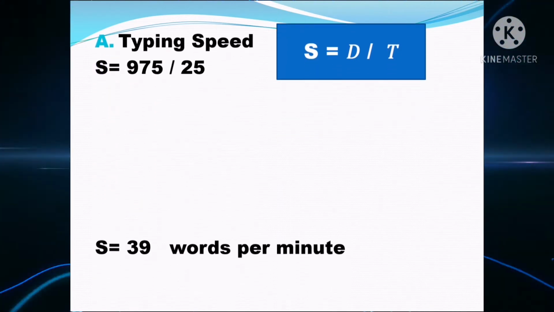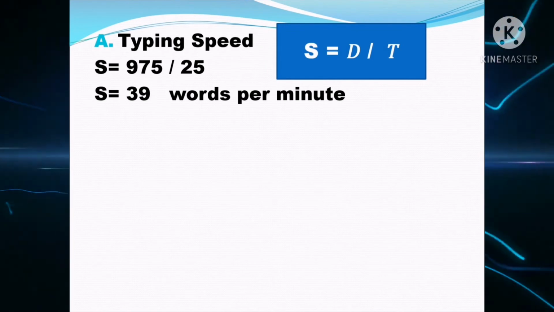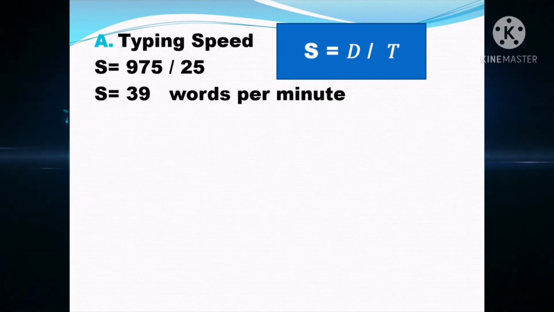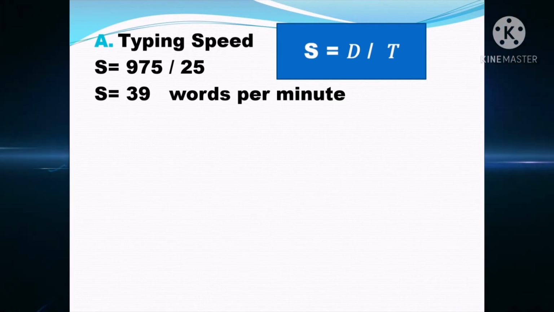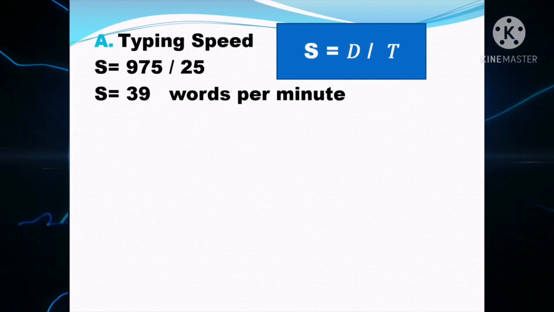equals D over T. To find the value for A, or the speed for A, we will just substitute the value for distance, which is 975 words, and for time, which is 25 minutes. So our answer, or the speed for letter A, is 39 words per minute.